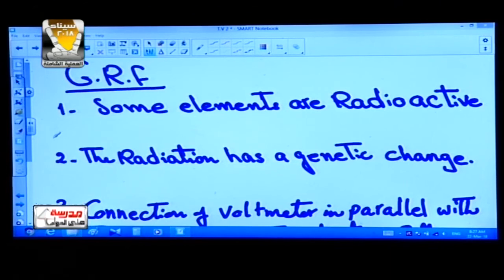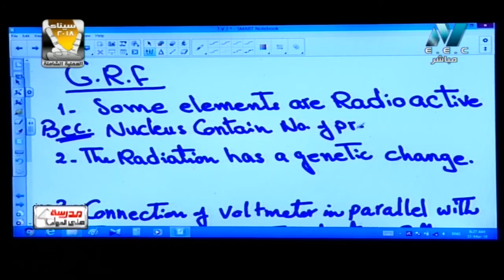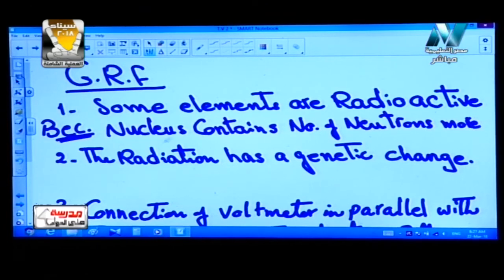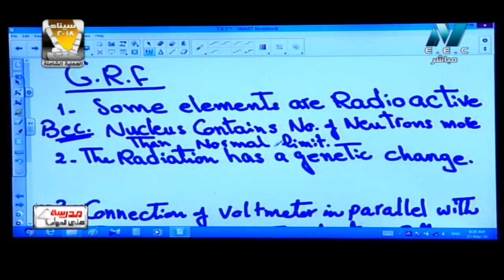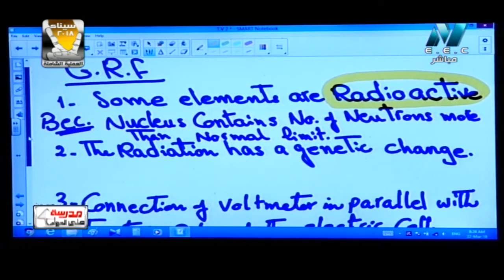Of course, because the nucleus contains number of neutrons more than normal limit. Watch the words: more than normal limit. Here we answer why they are radioactive, why these elements emit radiation: because the nucleus contains number of neutrons more than normal limit.